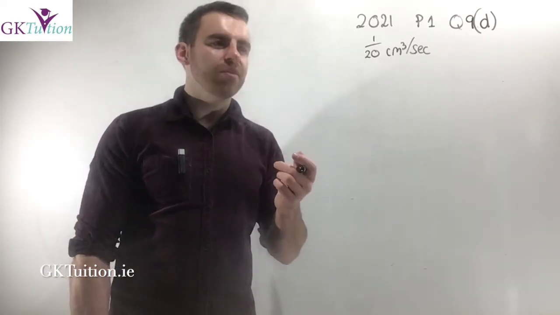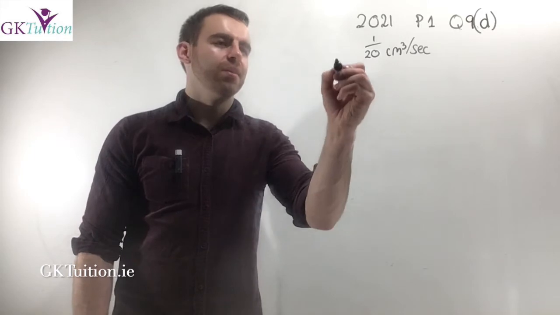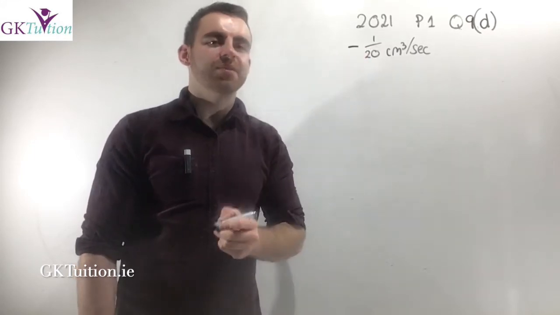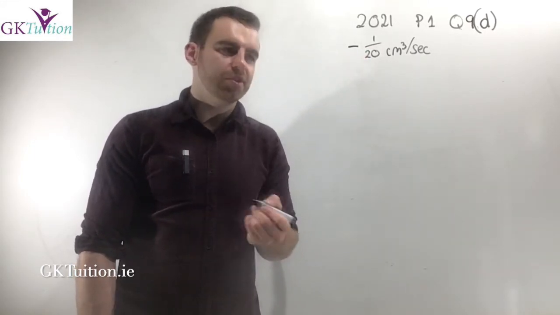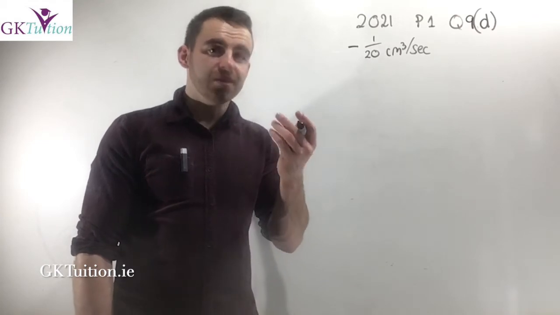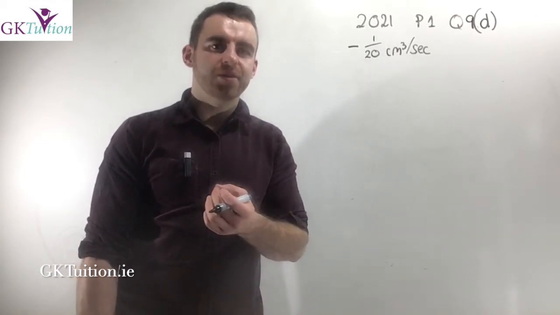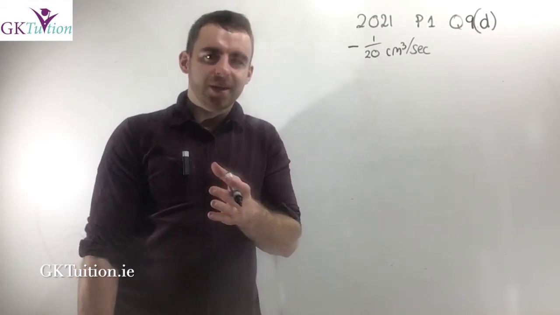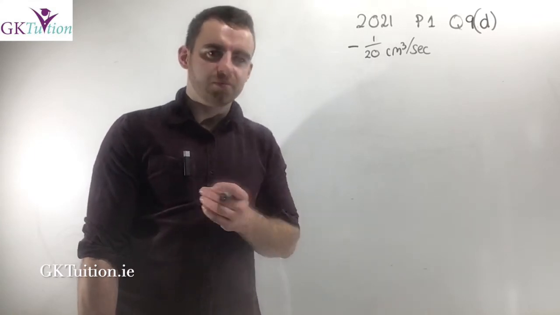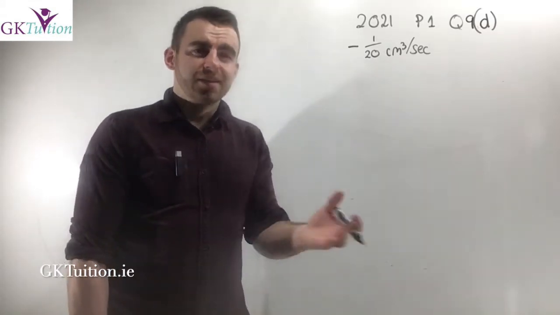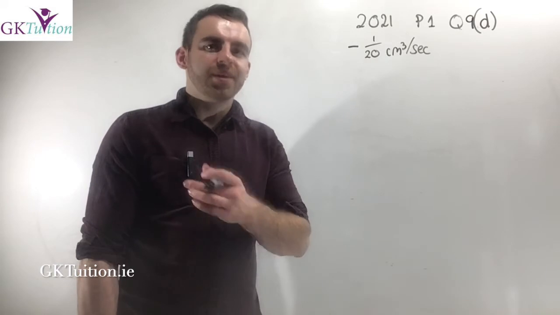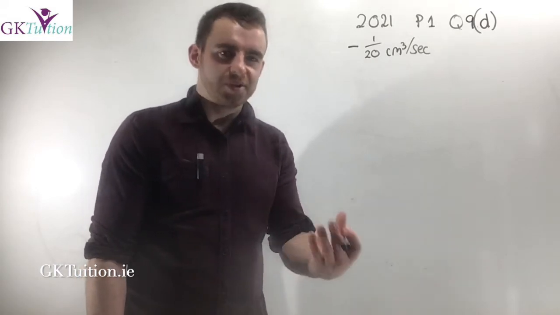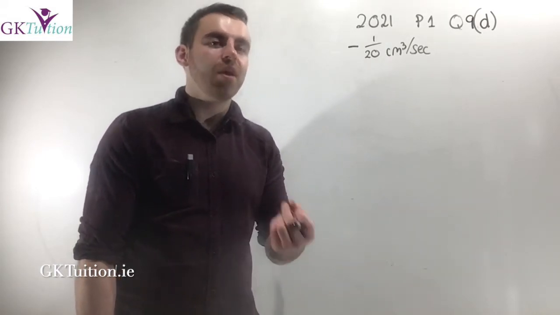First of all, hone in on the fact that the volume is decreasing. That means it should be negative. It's minus 1/20 centimeters cubed per second. This is a derivative, and they're talking about rates here, so it should be clear that we're talking about derivatives. It almost says it in the question anyway, that it's the rate at which the volume is decreasing. That'll obviously tell you that volume is relevant.